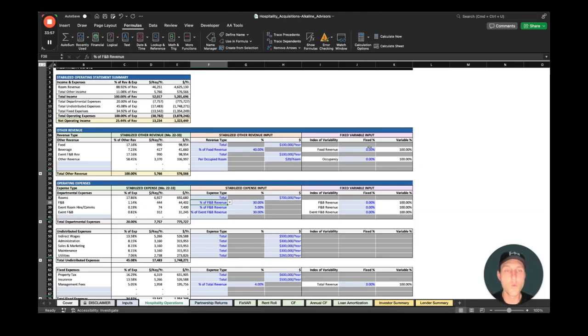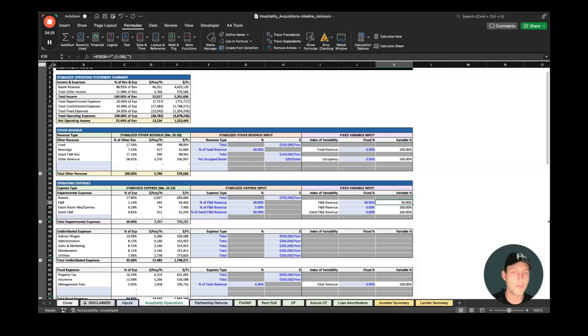So the way that the fixed variable input section works is essentially it's saying that at the point of stabilization, X% of the other revenue or the operating expenses are going to remain fixed. So in this scenario, if we say F&B expenses, we're going to say 50% remain fixed, and then the other 50% are going to fluctuate.